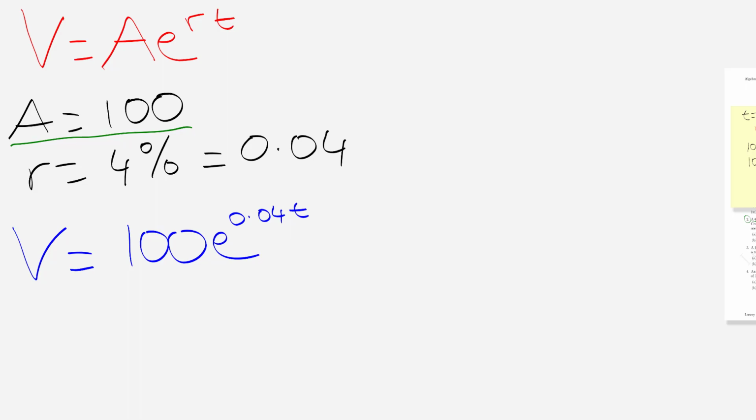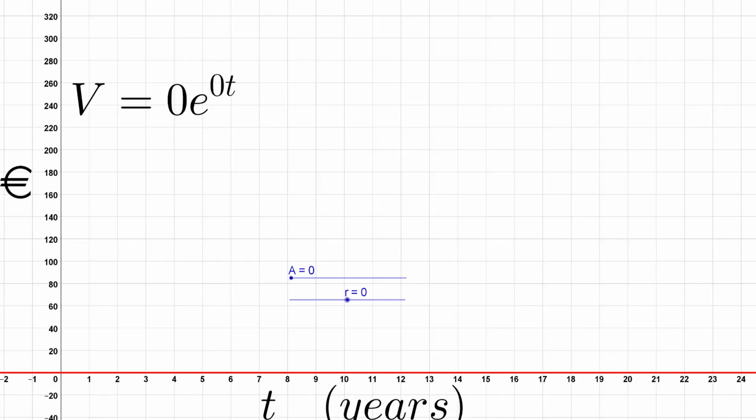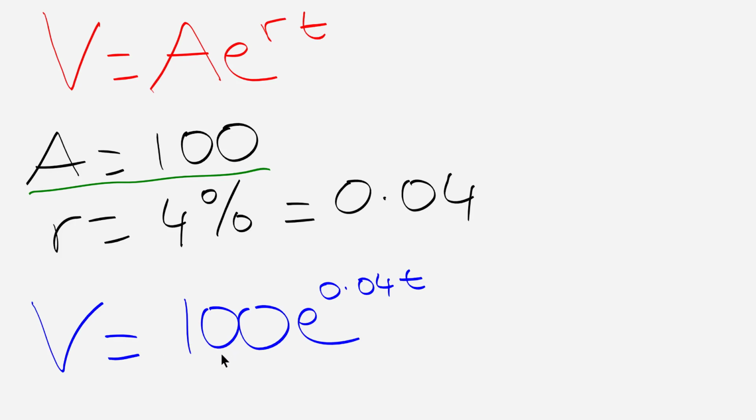So what would this look like on our graph? Here we have our V equals Ae^(rt), and a graph where on the horizontal axis we have time in years, and on the vertical axis the value, which is in euros. The particular function that we're interested in is V equals 100e^(0.04t).